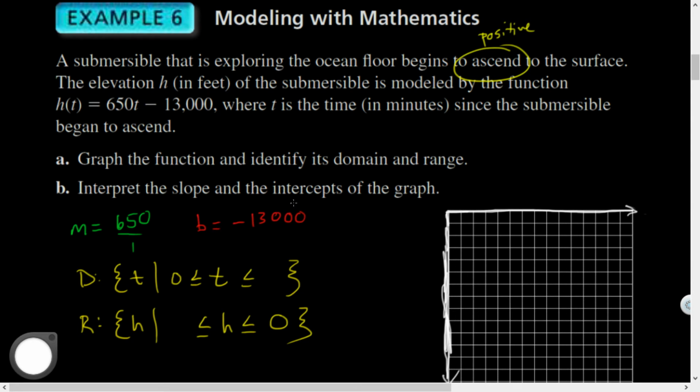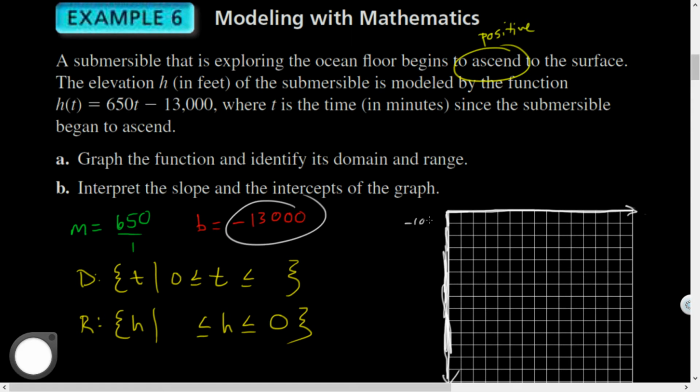Now, in terms of my x-axis, we'll have to see. But let's label our y-axis as far as units. I need to go down at least as low as 13,000 negative, that is. And I've got 1, 2, 3, 4, 5, 6, 7, 8, 9, 10, 11, 12, 13. So I could actually count by thousands for each of these.